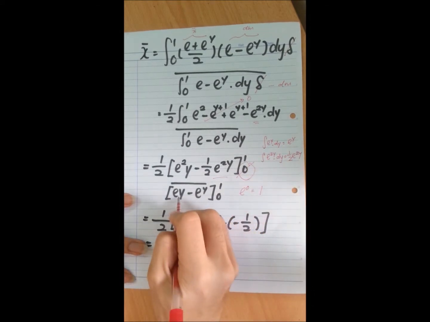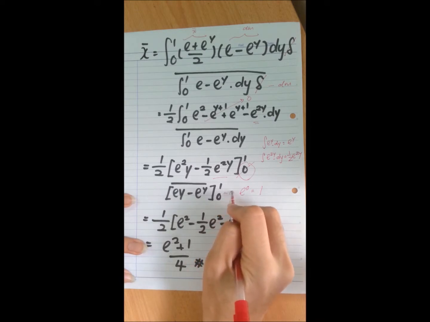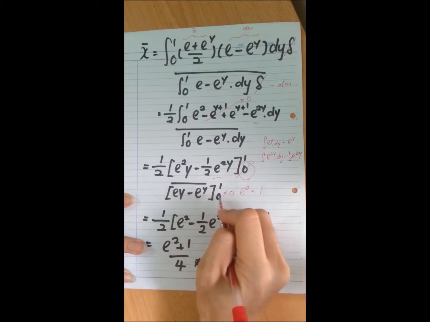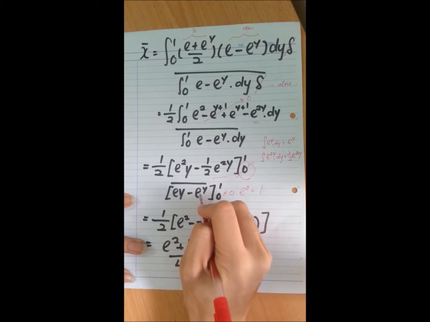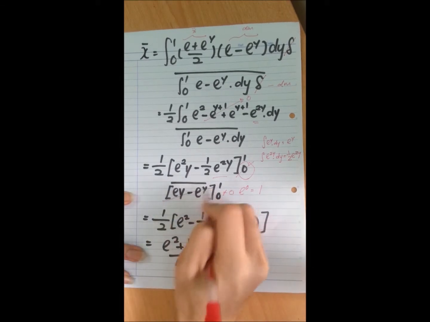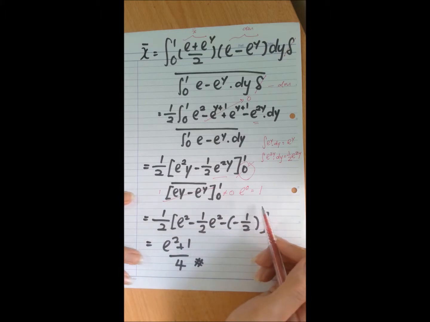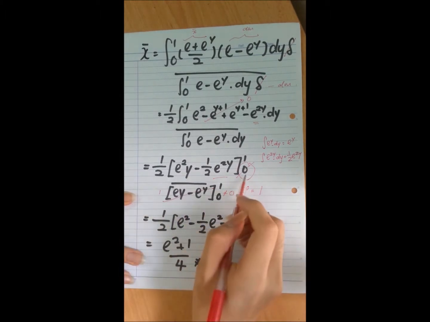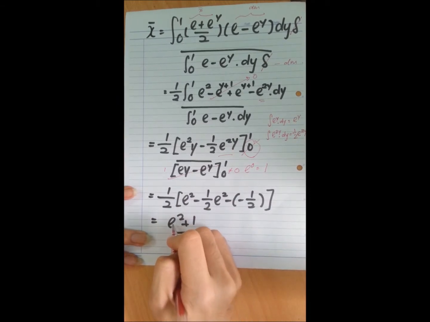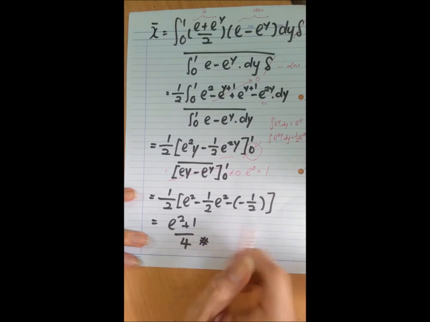Most people would think that subtracting the 1 over here will give you a denominator of 0, but it's actually not, because don't forget that you have to subtract e to the power of 0, which is 1, and that will give you a denominator of 1. Solving it here, also remember the limit of 0, subtract everything in, and you get an x bar of e squared plus 1 over 4.